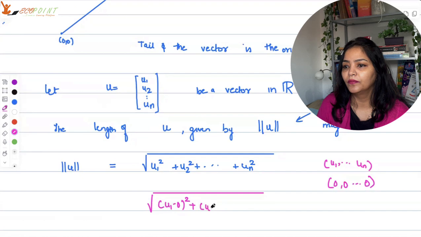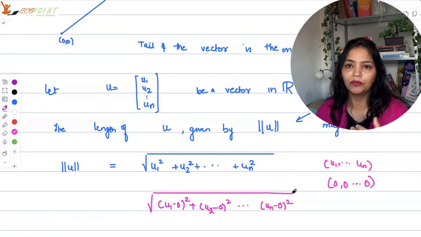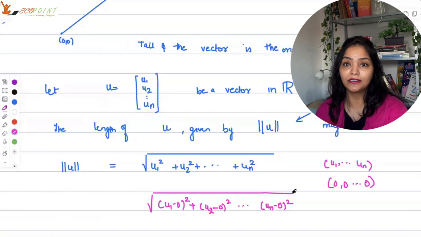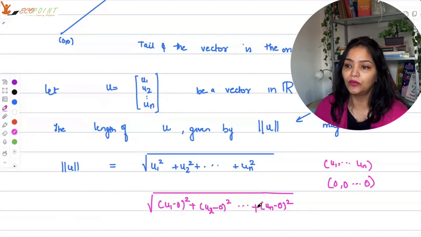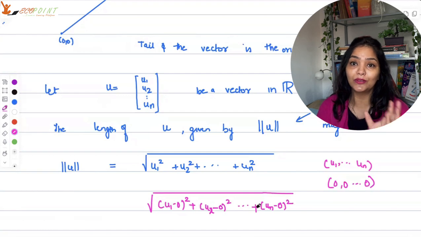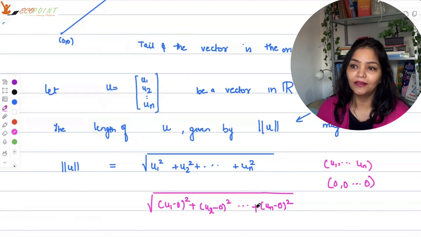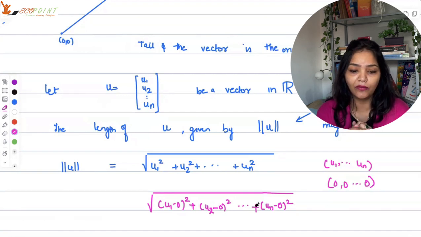So it is basically the square root of u1 minus 0 square plus u2 minus 0 square, so on and so forth till un minus 0 square. That's what is norm for any vector or length of a vector.